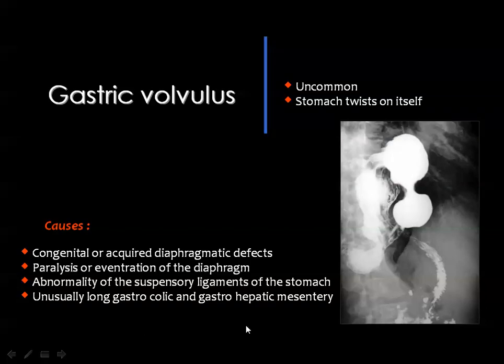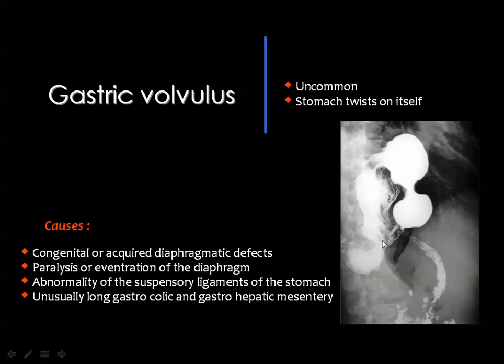Then if you look at the barium study, you can see that the greater curvature is above. This is the fundus of the stomach, and this is the body, and this is the pylorus, and this is the duodenum. If you look carefully, this is the esophagus coming posterior to this to reach the gastroesophageal junction here.